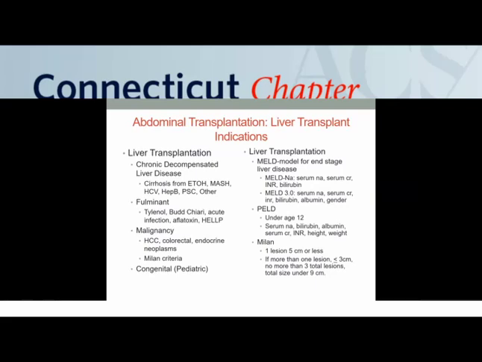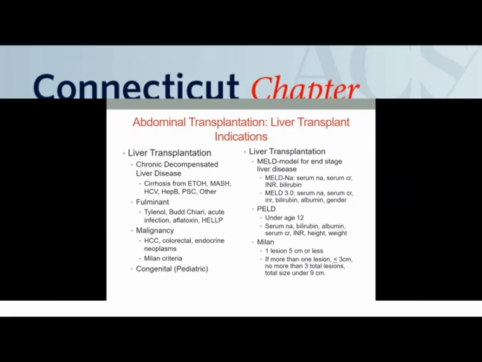What's new over the last decade is the increasing incidence of metabolic-associated steatohepatitis, previously called NASH, which now constitutes about 30 to 35%. Hep C, because of the advent of effective antivirals, has really fallen in terms of its cause of chronic decompensated liver disease. So probably now constitutes 20% or less.